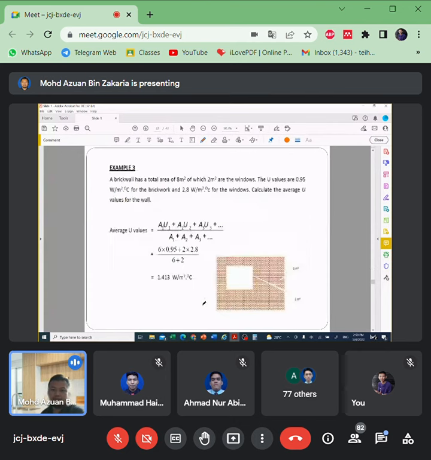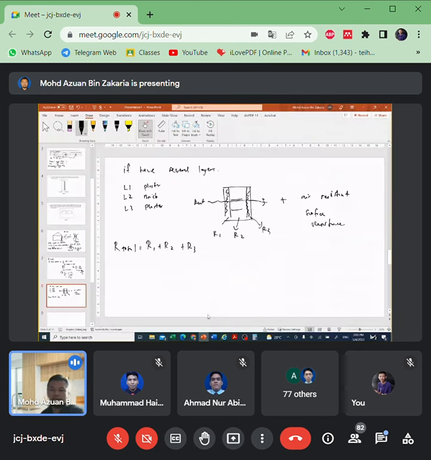So in this equation, we need to consider surface out resistance plus surface in resistance. Normally the values will be given. If the value is not given in a question, you can ignore the surface values. But in actual life calculation, you need to consider surface resistance.